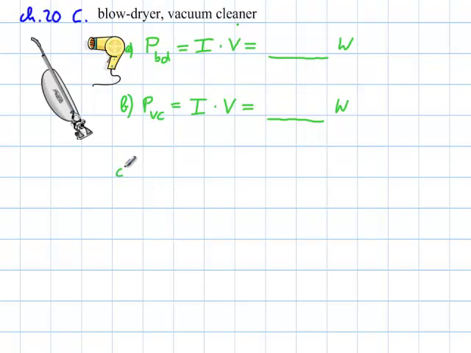And part C is determine the ratio of how much one uses over the other, but they're run at different times.